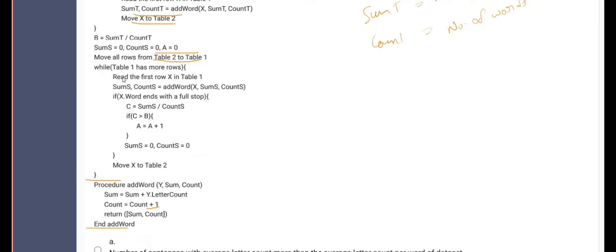While table 1 has more rows, sum S, count S is something other than add word X, sum S, count S. But here, what are we doing? We are checking if it ends with a full stop, that is, if it is at the end of a sentence. Only those words end with a full stop which are at the end of a sentence, right?